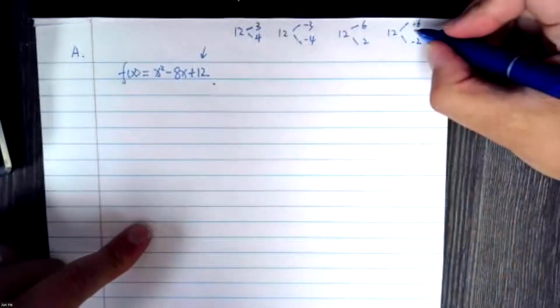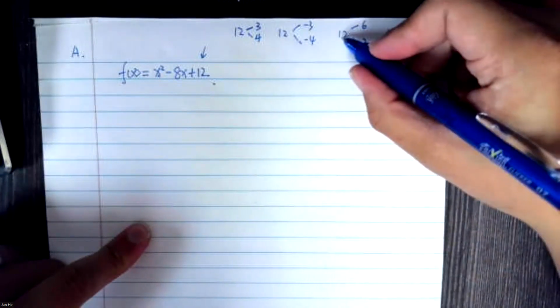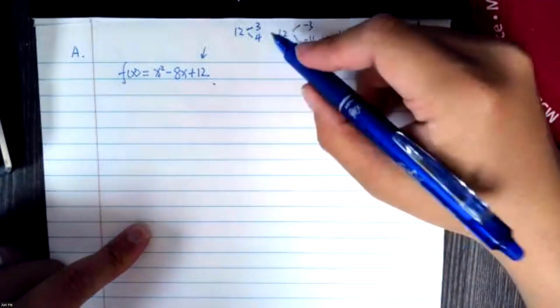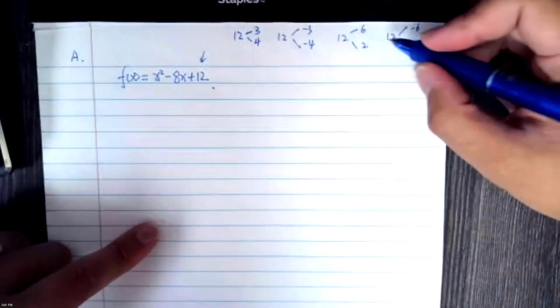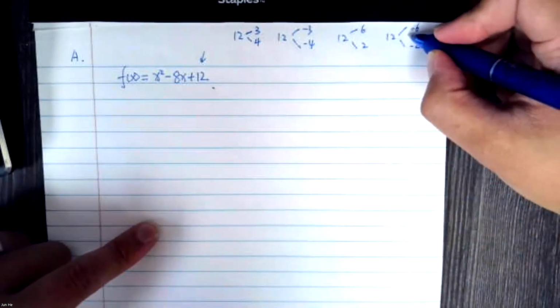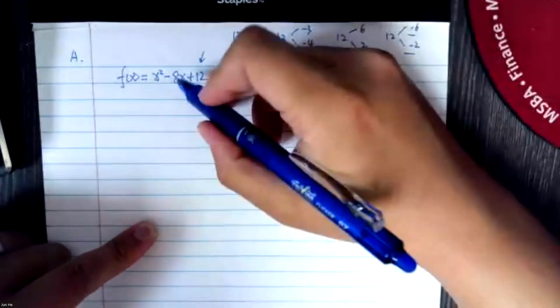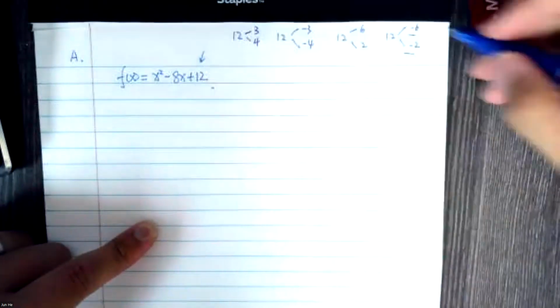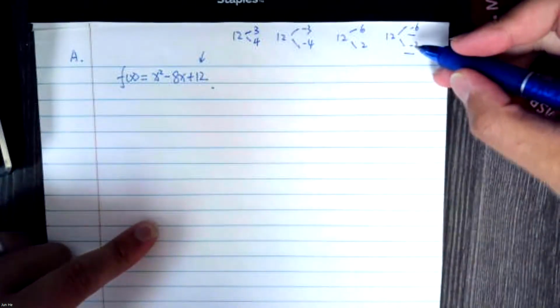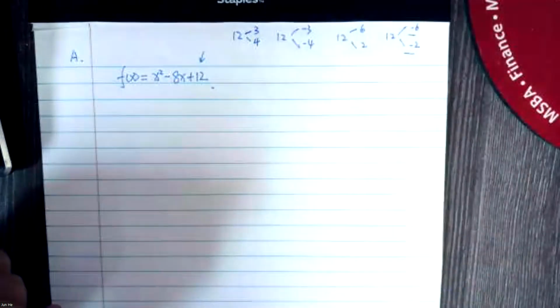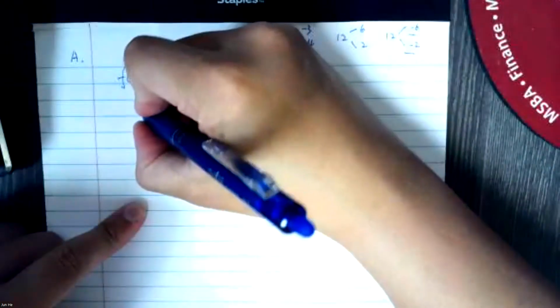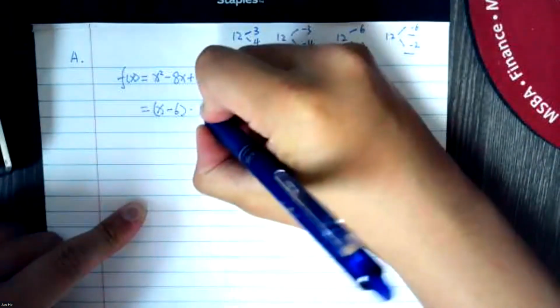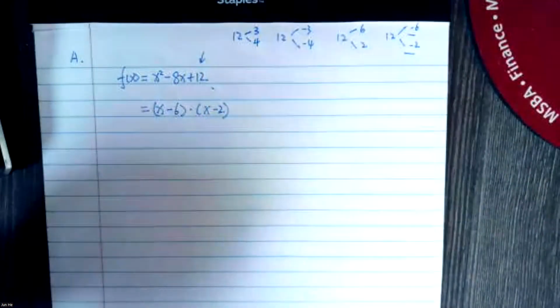Now you're trying to find which two numbers multiply into 12 and also add up to your b. Here minus 6 plus minus 2 is minus 8. That is what we need. So here it is (x minus 6) times (x minus 2).